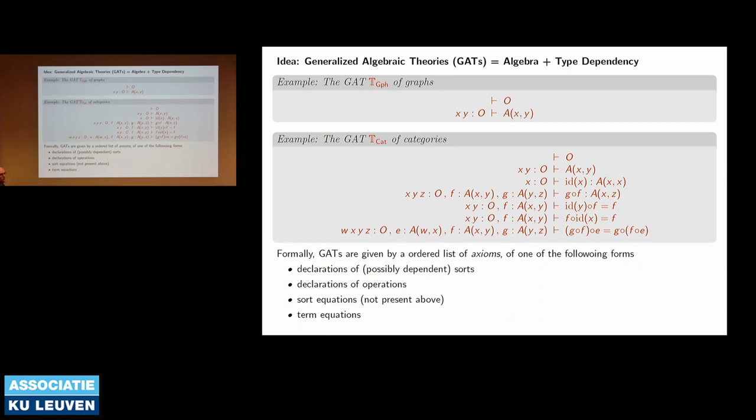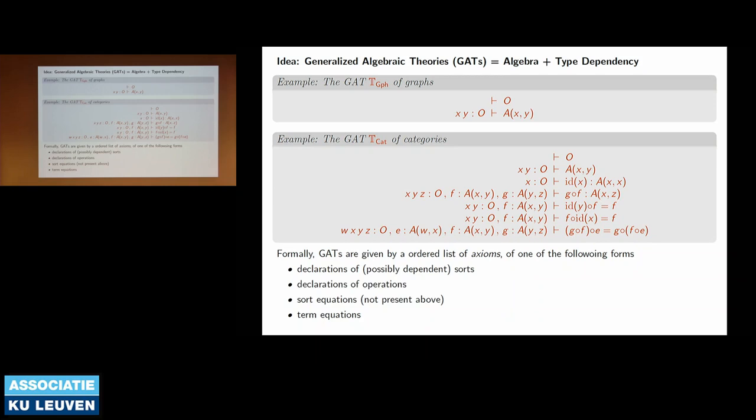And as you all know, we cannot present categories as an ordinary algebraic theory. The other solution would be to do a partial composition as it is done in essentially algebraic theory, but today we're talking about generalized algebraic theories. And then we have composition, identity, and then some axioms.